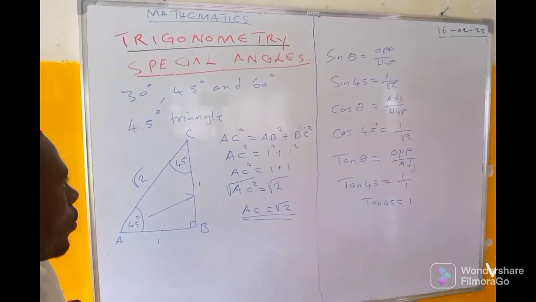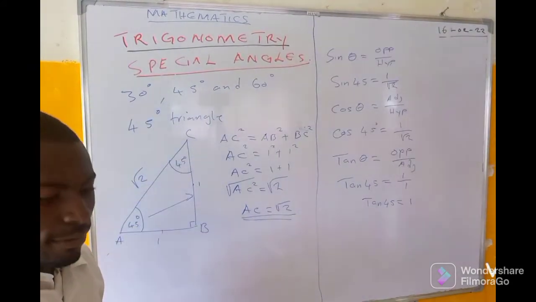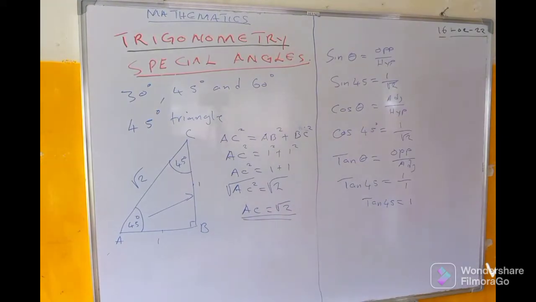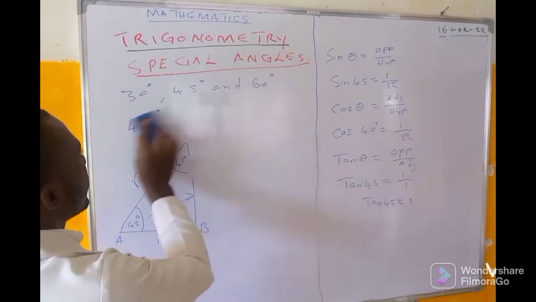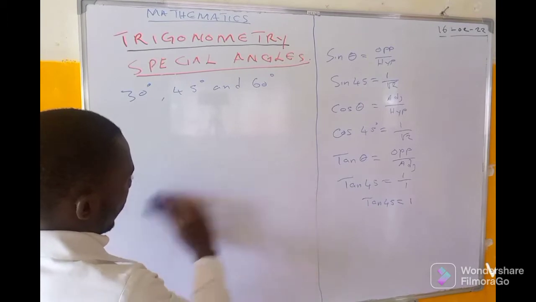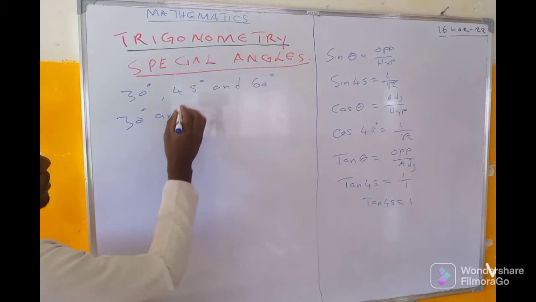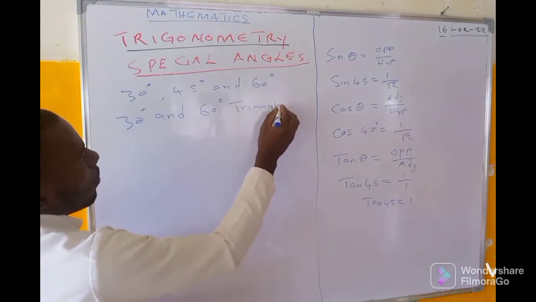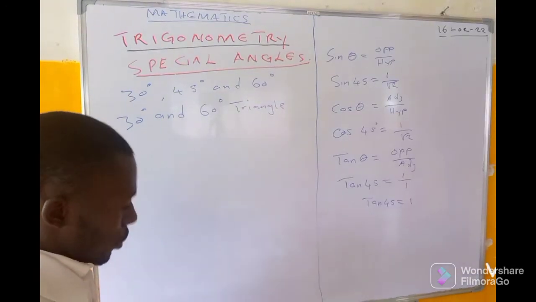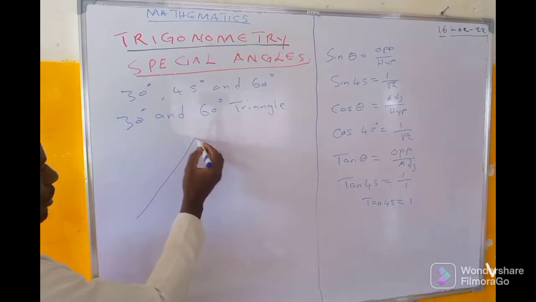So let's also look at the other two angles, which are 30 degrees and 60 degrees. So the 30 degrees and 60 degrees triangle. Under this one, consider the equilateral triangle here.